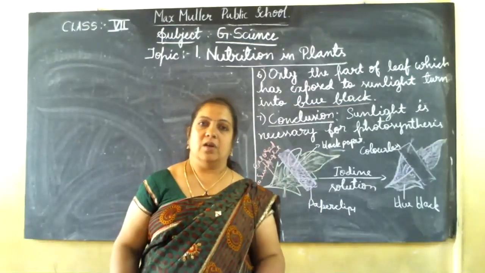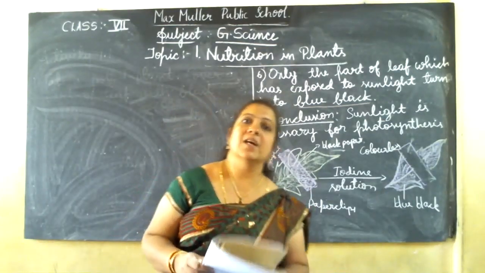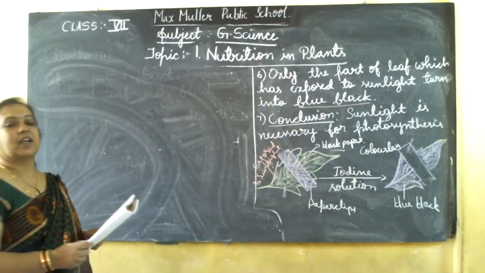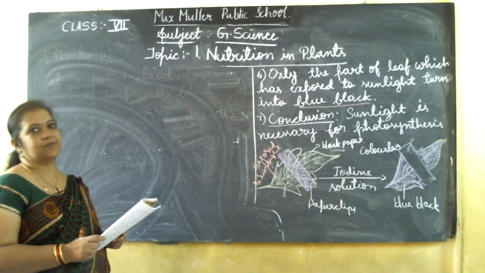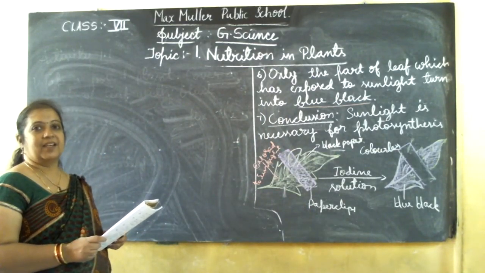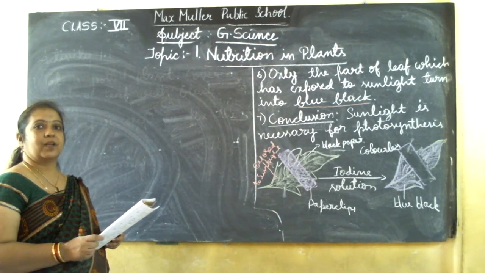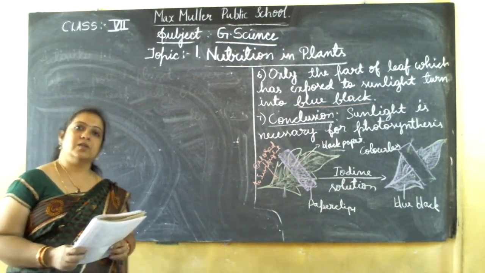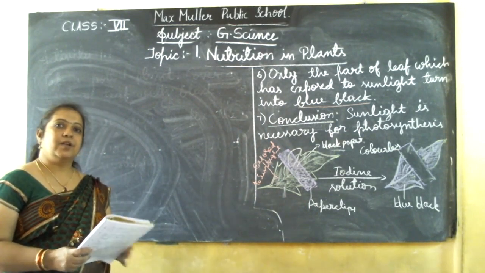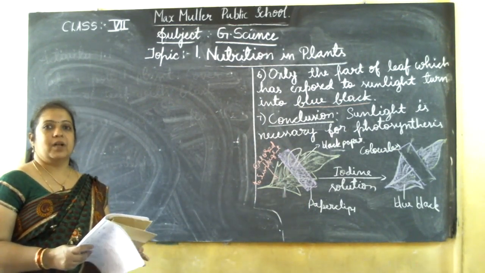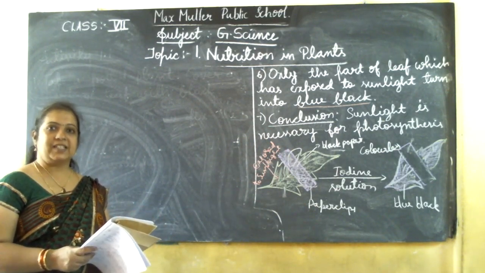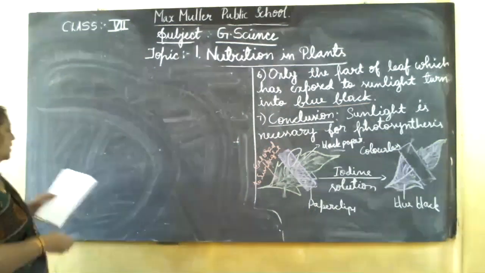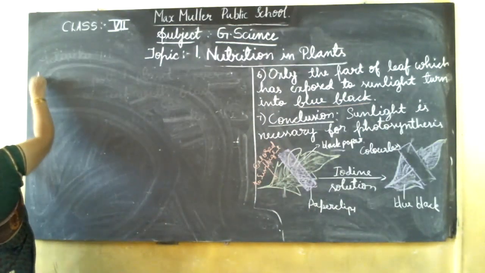So those plants we will call algae. So these are algae. They also can synthesize food. They are green in color and they are also able to prepare their own food. I told you the plants we mainly call producers. They can produce food by the photosynthesis process. Not only those plants, these algae are also able to synthesize food.